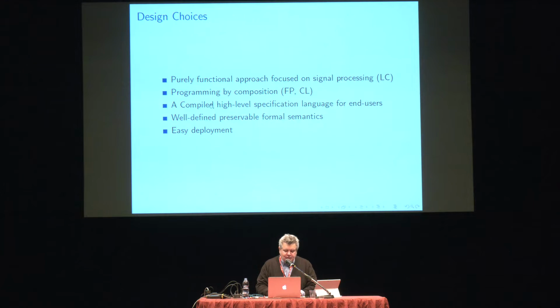The other point, as I mentioned, is that Faust is compiled, but it's compiled in a smart way, in the sense that even if you give two different Faust programs that have the same mathematical meaning, the compiler is supposed to create the exact same code, the most efficient one.